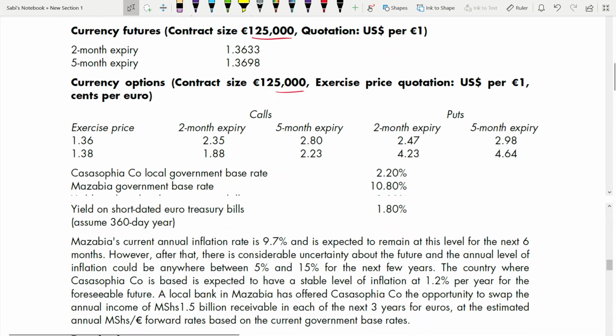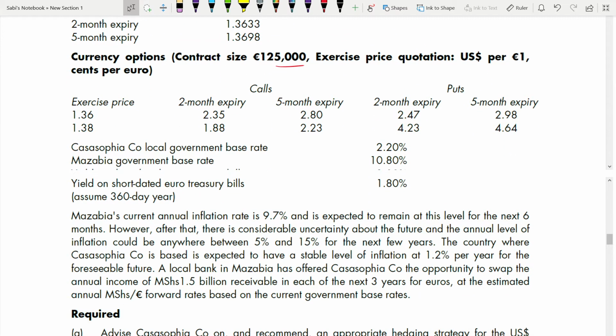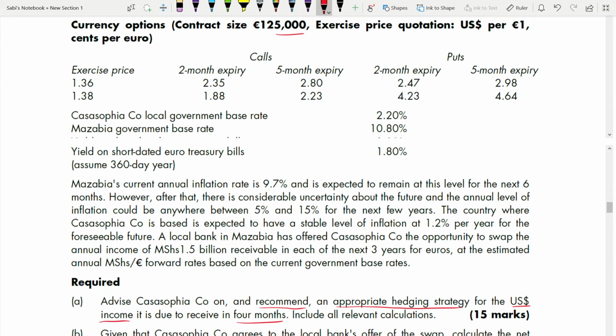Now you have been given the rates: Casasophia's local government base rate, Mezabia's government base rate, and the yield on short-dated euro treasury bills. Assume a 360-day year. Mezabia's current annual inflation rate is 9.7% and is expected to remain at this level for the next 6 months.